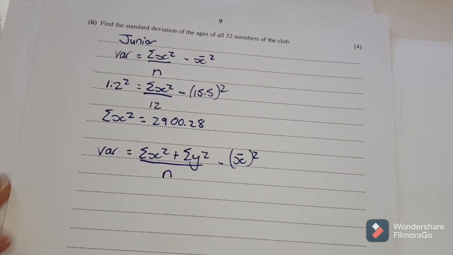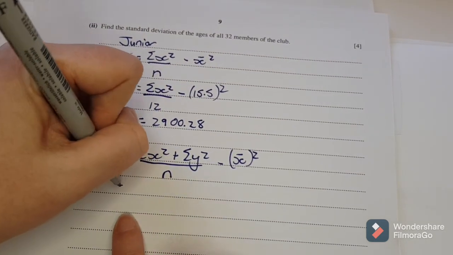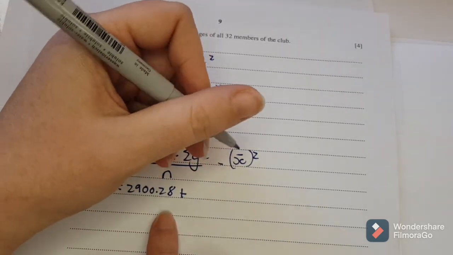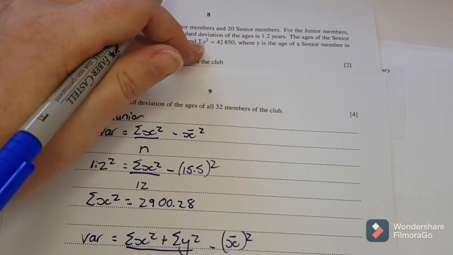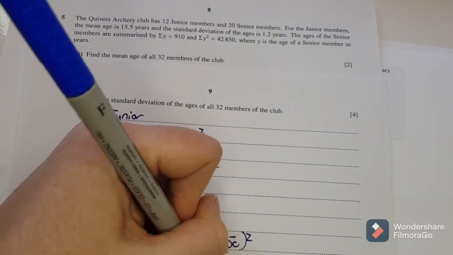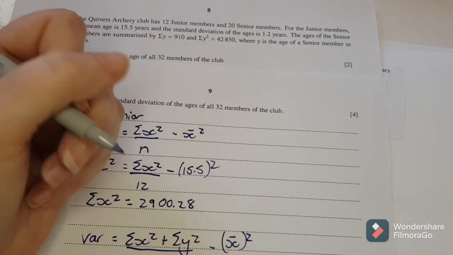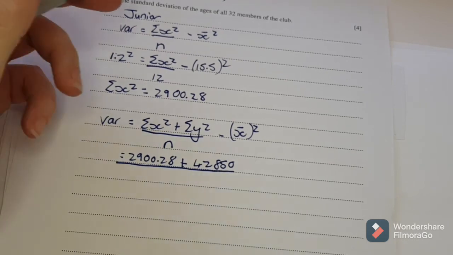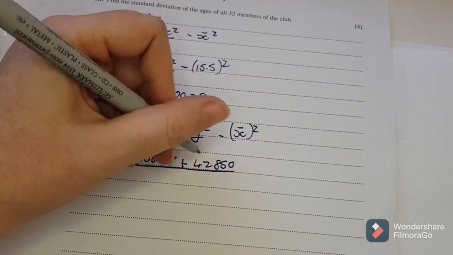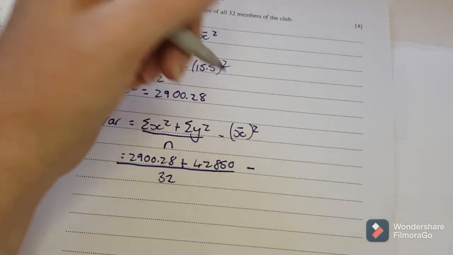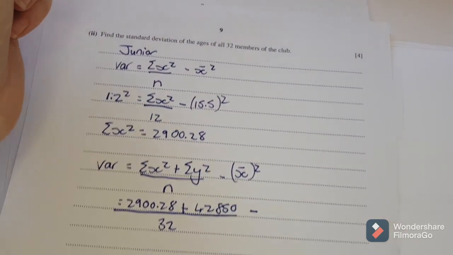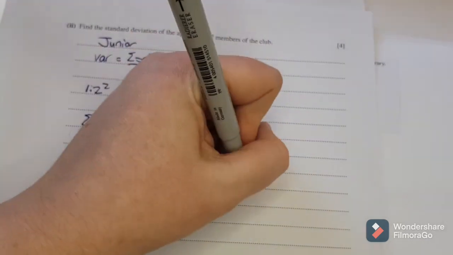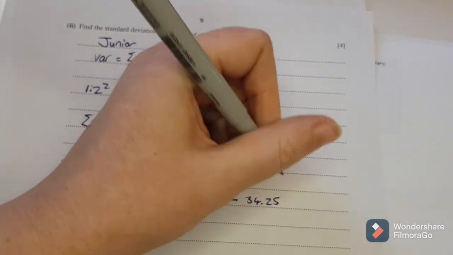So if I fill those in with my values, I've got 2900.28 plus my y squared, they told me on the previous page, was 42850, all over my new value of n, which is going to be my 32, minus the mean that I just calculated on the previous page, which was 34.25 squared.